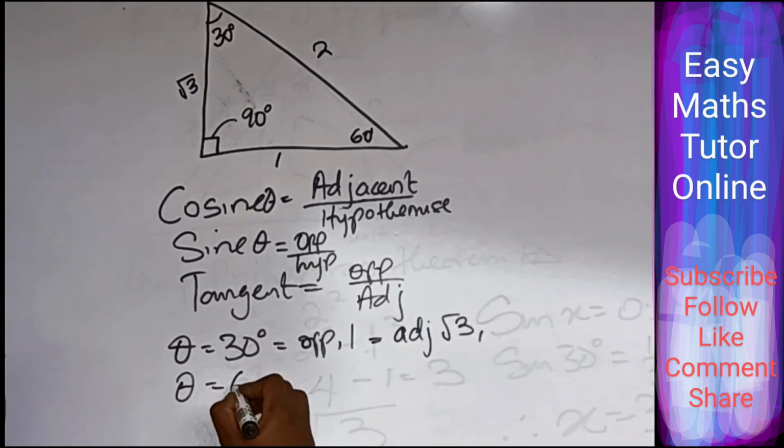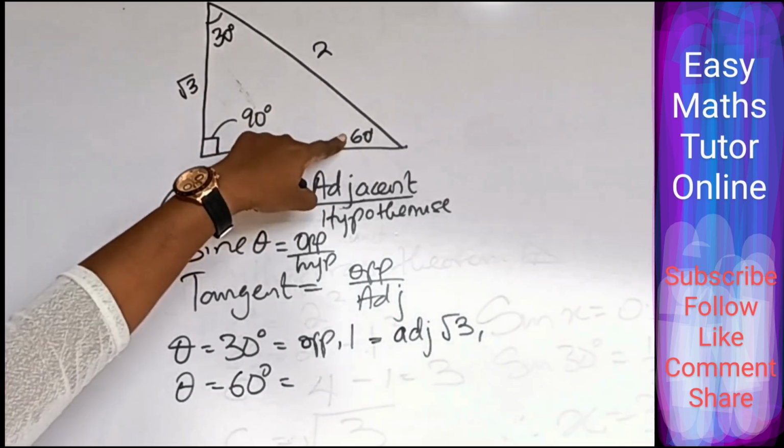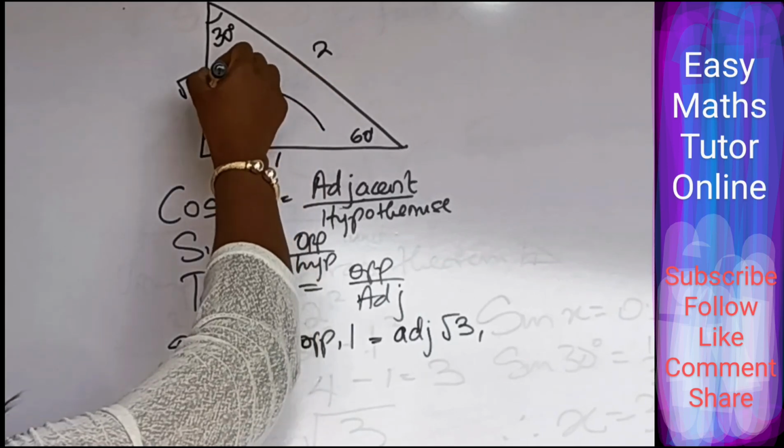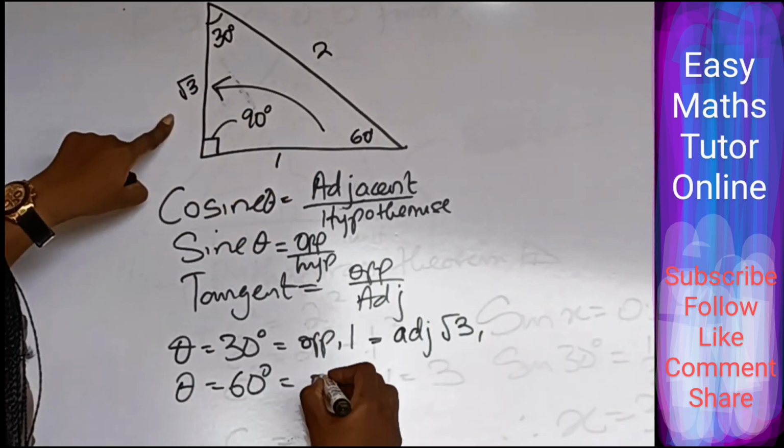Now we have another angle, 60 degrees. The opposite for 60 degrees is the side facing 60 degrees, which is root 3.